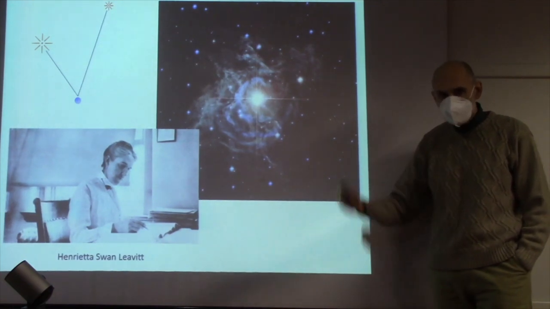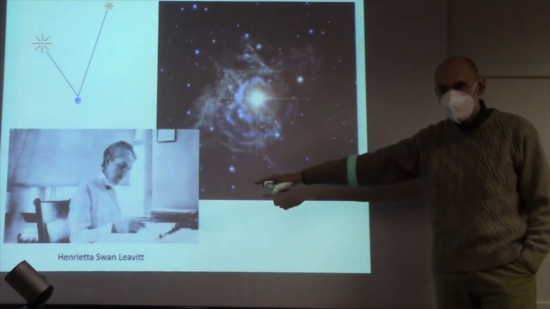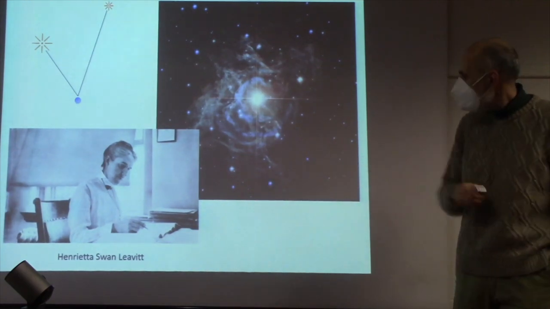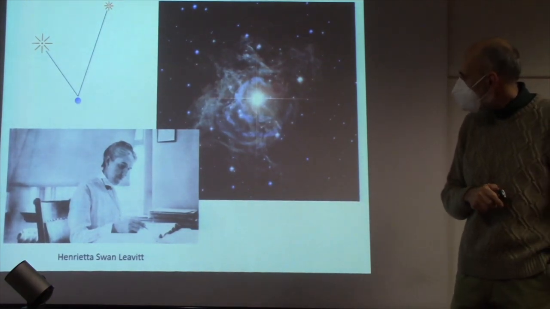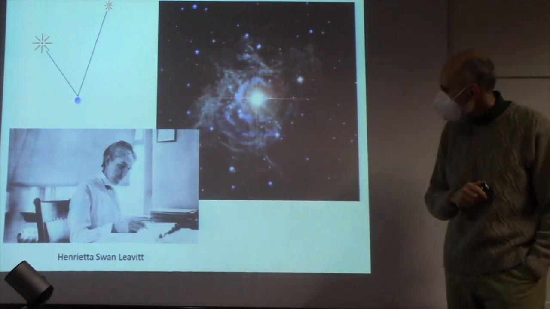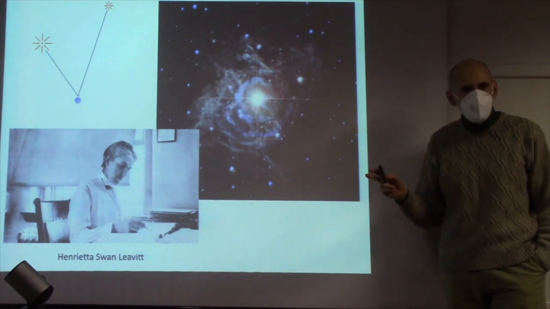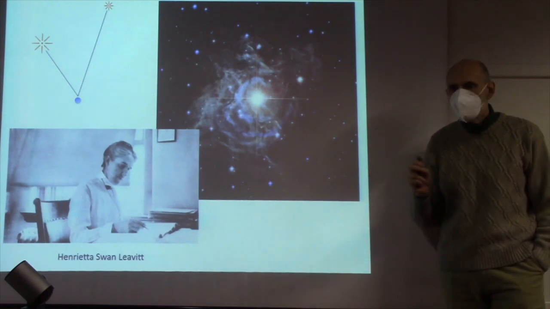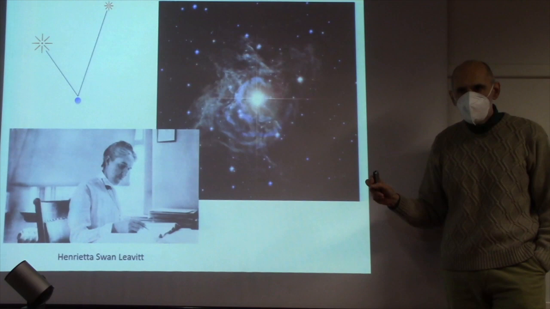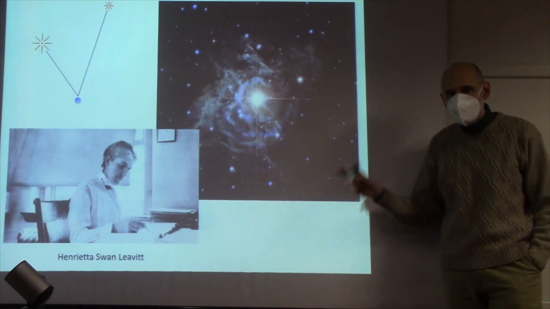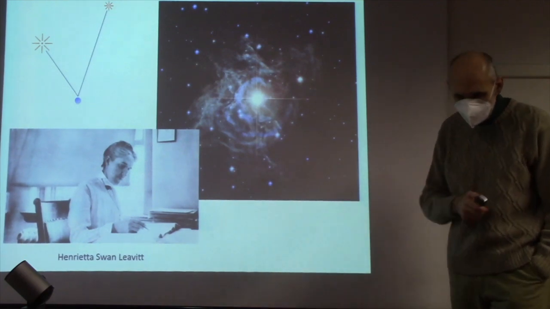Even the more modern methods rely on this method in order to determine these distances. So this is an example of how very tedious measuring work became a landmark discovery in astronomy.